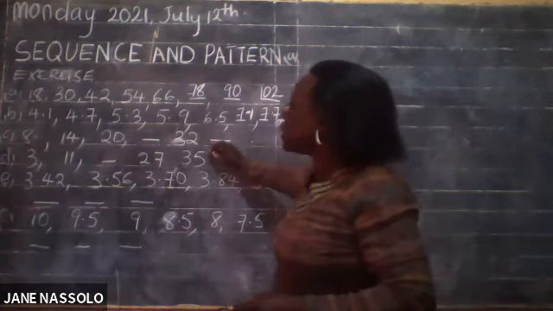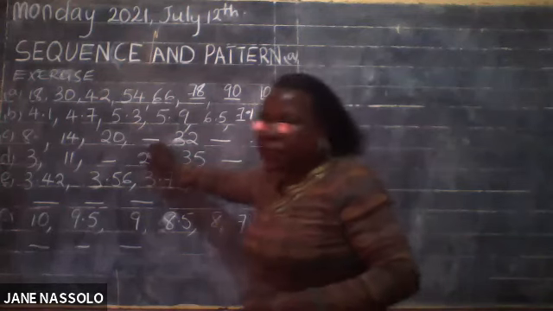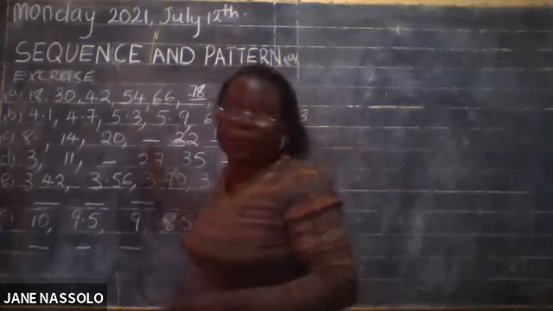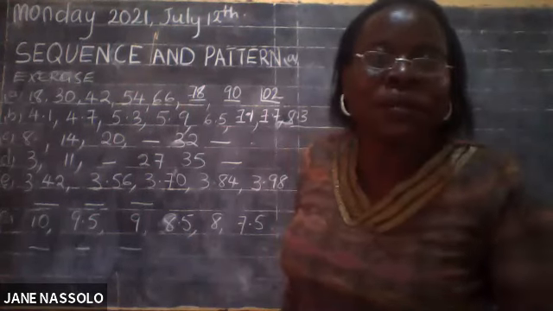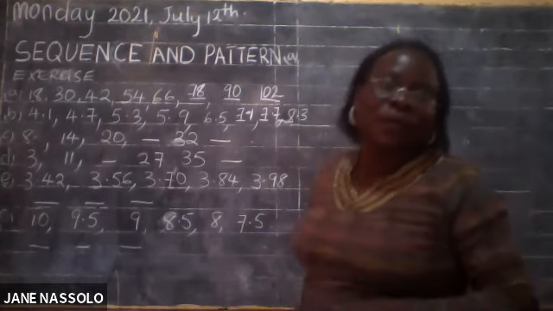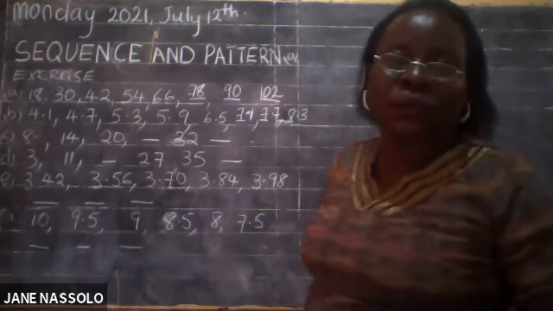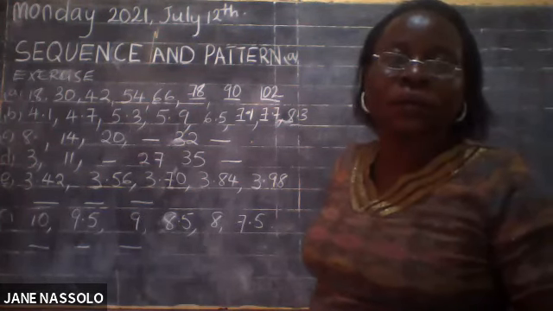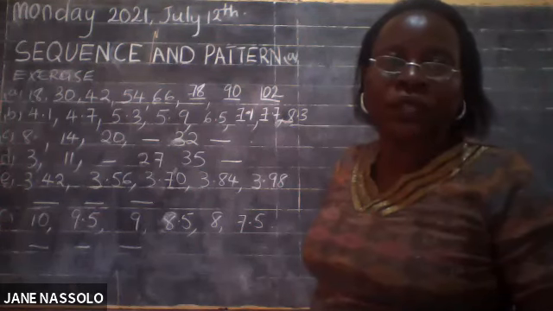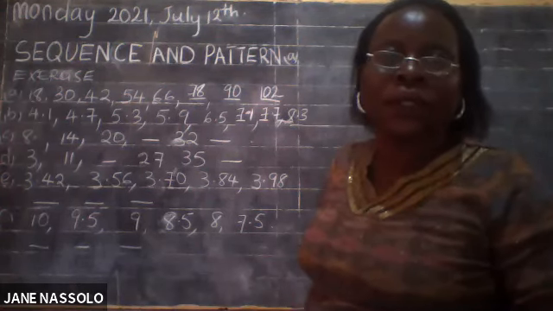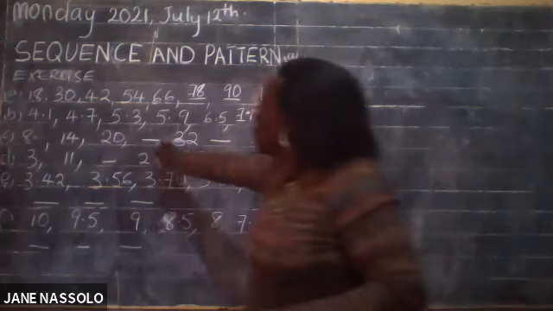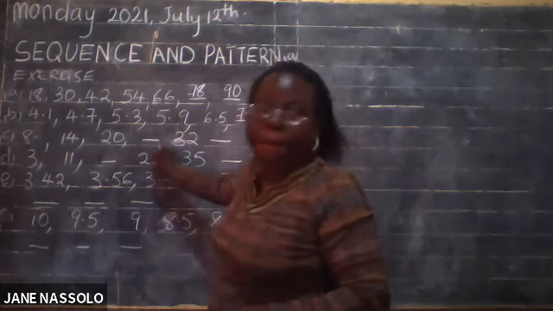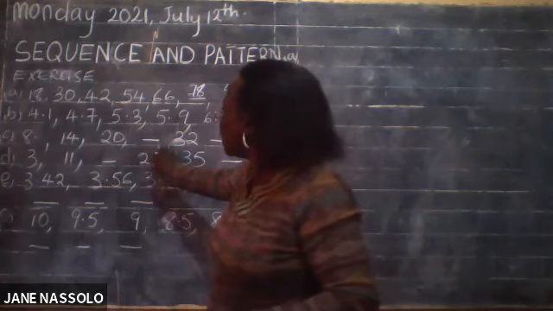We are now on part C. We add 6. Joella? You have added the 6.